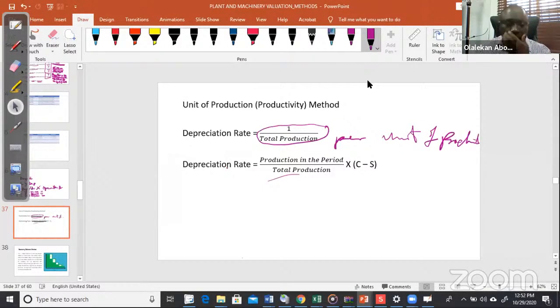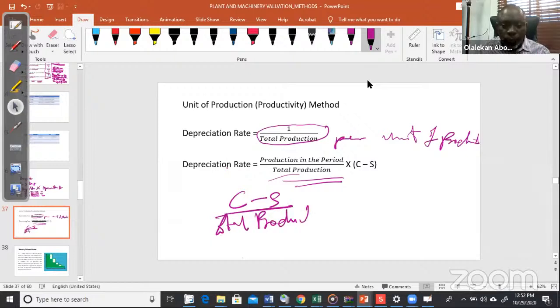Now, when you have this, to work fast, you can reduce this formula to the same thing as I did the other time. Your cost minus scrap value divided by your total productivity.